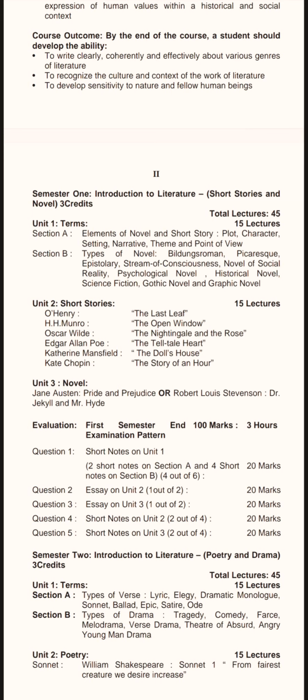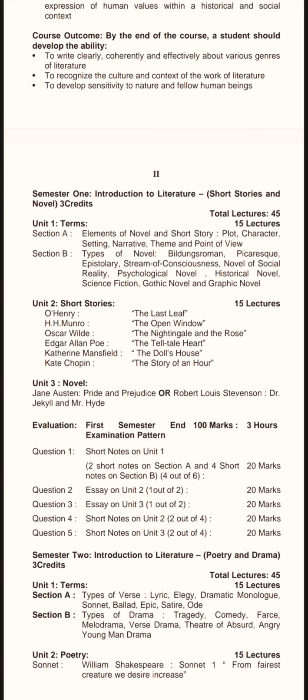Then there is the theme, which is the most important part, because without the theme we cannot understand the essence of our story or our plot. Then there is point of view. In the point of view, we see how the story or the novel is told by our author.